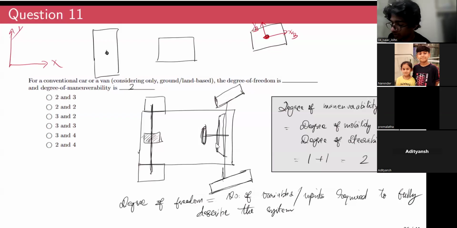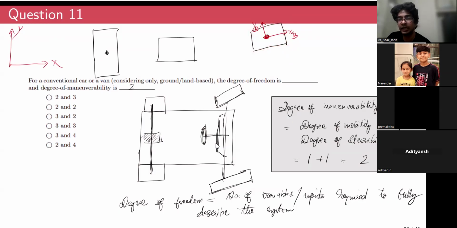Because if you specify this X and Y alone, you can have this position, but it can have infinite orientations, right? It can have orientation like this. It can have orientation like this. An infinite amount of orientation is possible at the specific X and Y location. So as a result, to fully describe its configuration, you require three variables, two positions and one angular coordinate for describing its orientation.